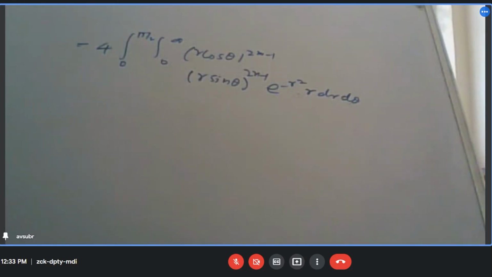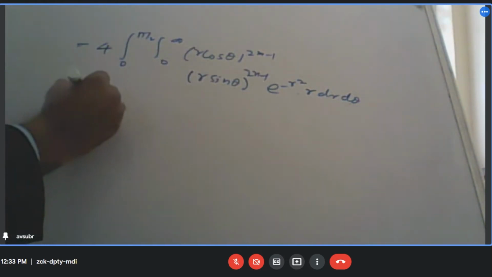Is it okay? We can write down by putting values of x and y and changing the limits for r and theta. Can we do that? Yes, sir. All right, we can do that.